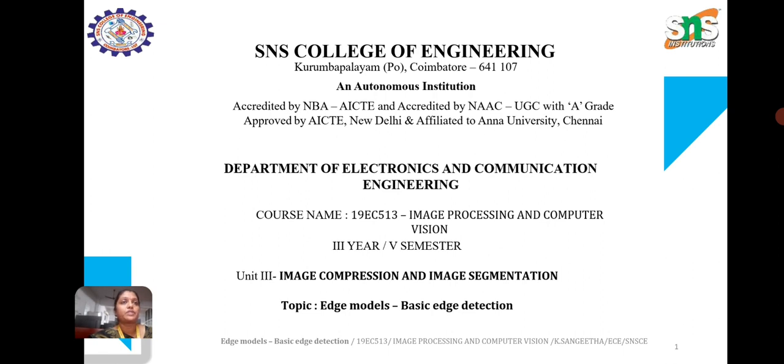It is mainly used to simplify its representation or to make further analysis easier. We have studied some types of segmentation techniques, that is threshold based segmentation, edge based segmentation, and region based segmentation. And now in this video we are going to see edge based segmentation methods.